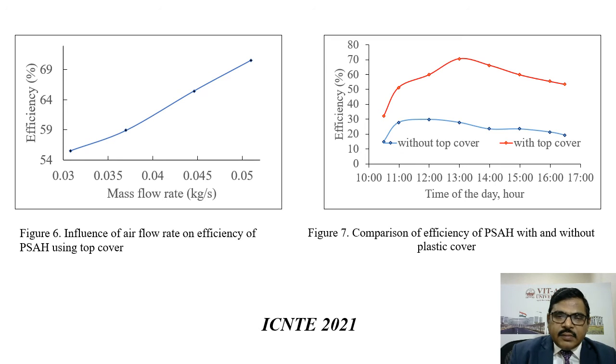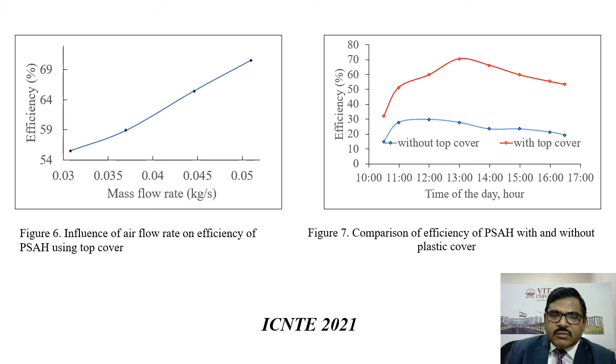Then the next graph is the comparison of efficiency of plastic solar air heater with and without plastic cover. Without top cover, definitely the efficiency will be low, and with top cover the efficiency is high.